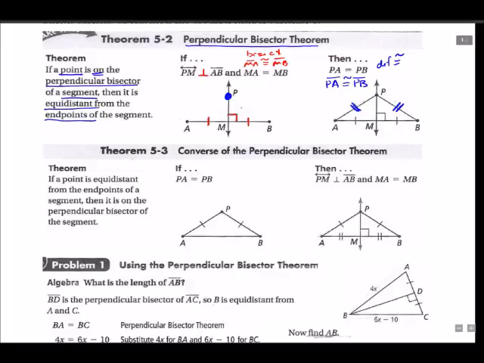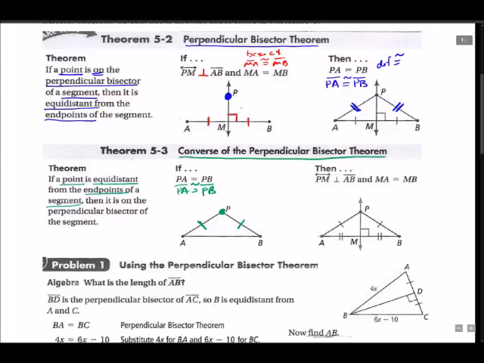All right, and we have the converse of the perpendicular bisector theorem, which is going to say what? It says that if a point is equidistant from the endpoints of a segment, so we have our point, and it is equidistant because segment PA is congruent to segment PB, that means it has equal lengths, definition of congruence.